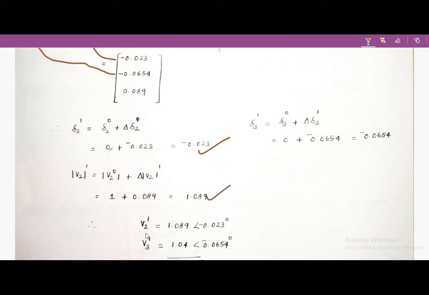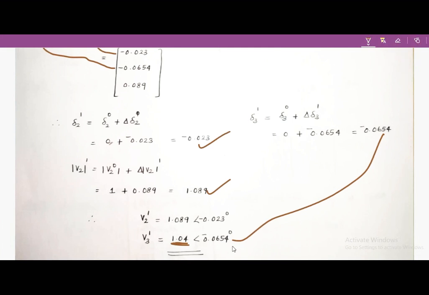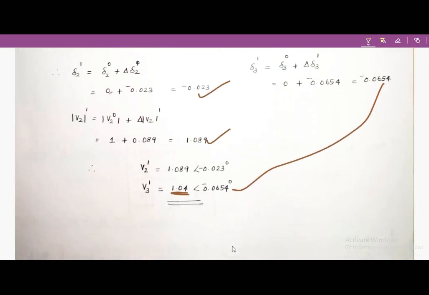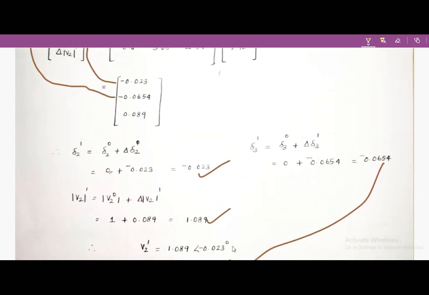So you can write V2, voltage of the second bus after first iteration, is equal to 1.089 angle minus 0.023. Similarly for the second bus, where the magnitude was specified in the question and the angle you have just now calculated. So this is how you solve a problem in the Newton-Raphson method.